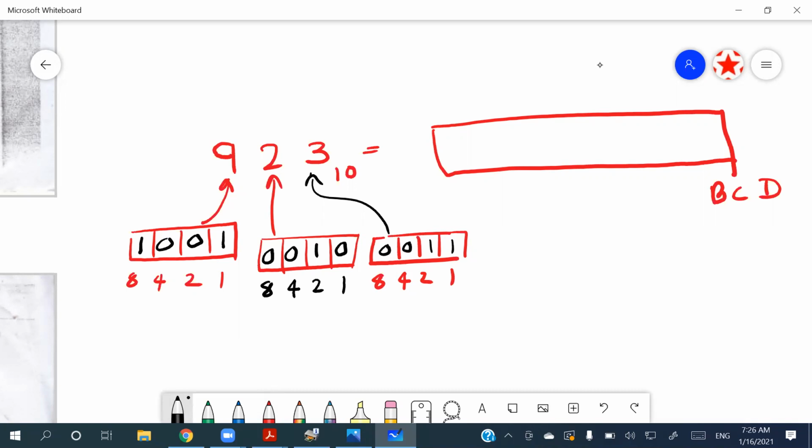When you are writing the BCD, you have to write it from left to right, right? So starting from 1, 0, 0, 1. So your BCD is going to be like this. This is going to be the BCD. Got it, Sairi?